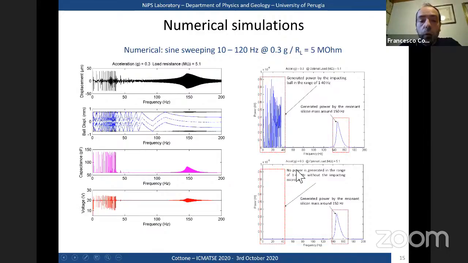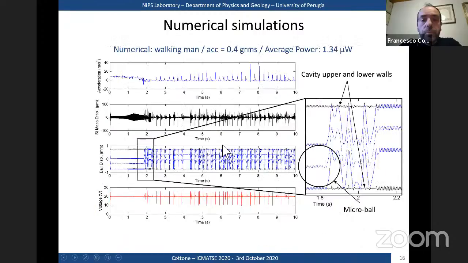Okay, this is just another zoom of the results, and this is what also happens experimentally, but experimentally we didn't track the movement of the microball inside the cavity.